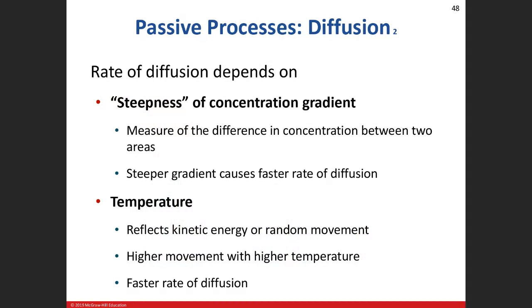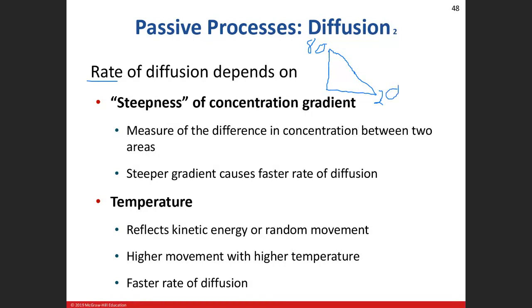Two things are going to affect how fast this happens, the rate of diffusion, we call it. The first one is the steepness of the concentration gradient. So I'll show you an example. Here's a real steep concentration gradient. We have, let's say, 80 and 20, using the same numbers now.